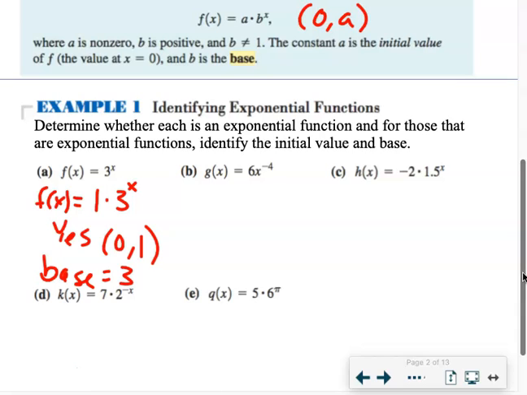If anybody needs more time, please unmute and let me know. Can somebody unmute and help me out with B, please? So the first part of this is, is it an exponential function?